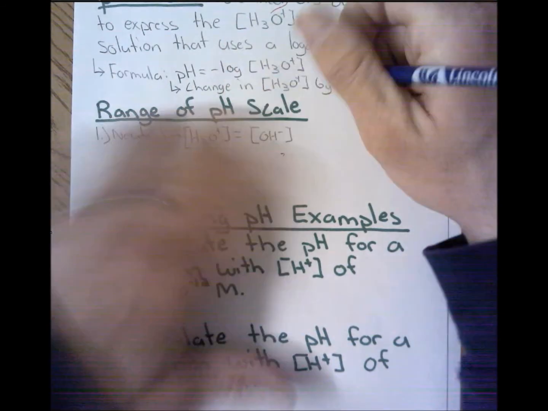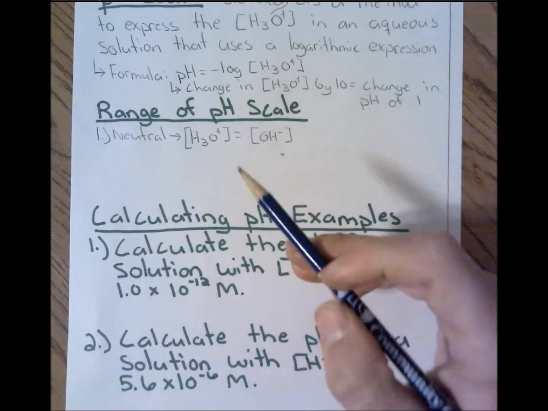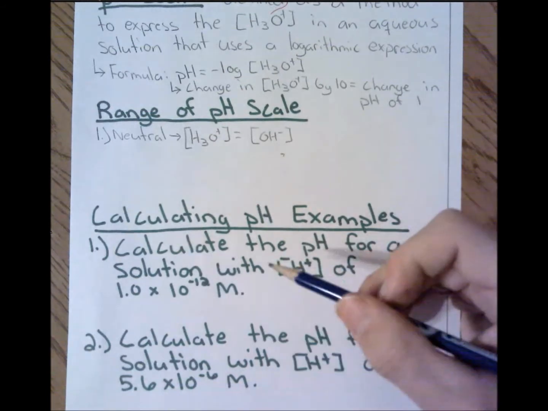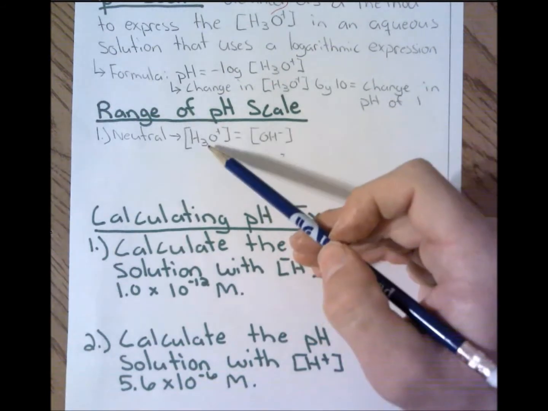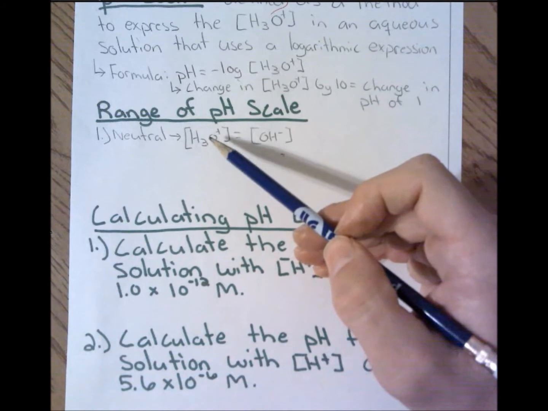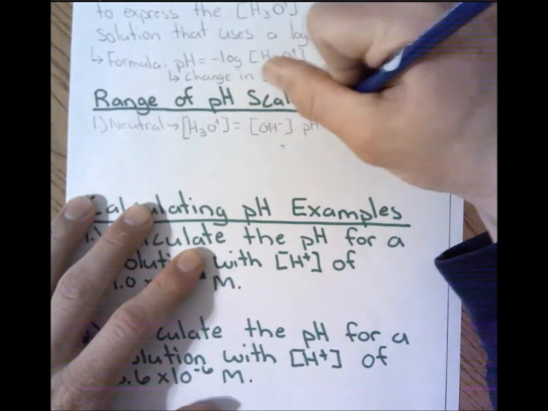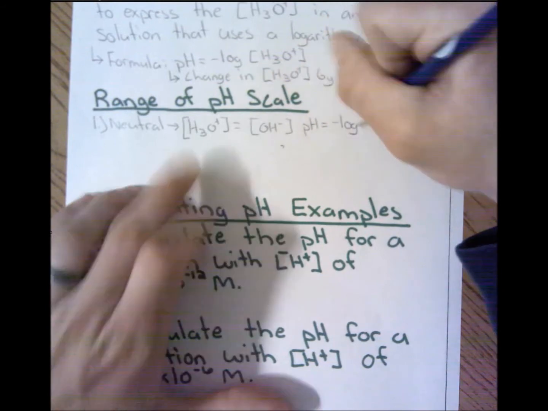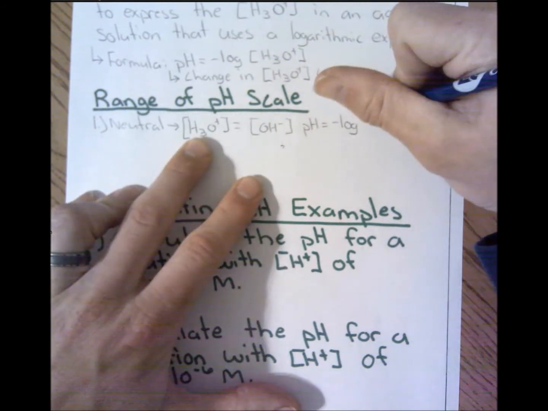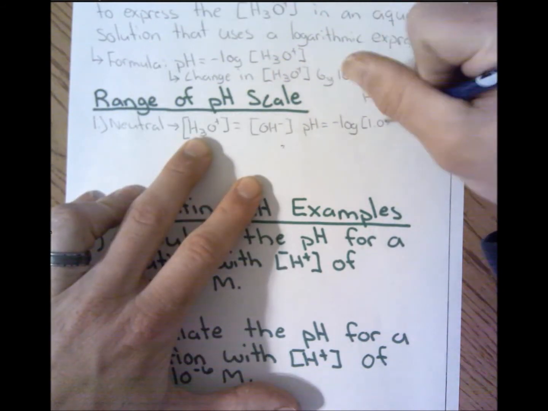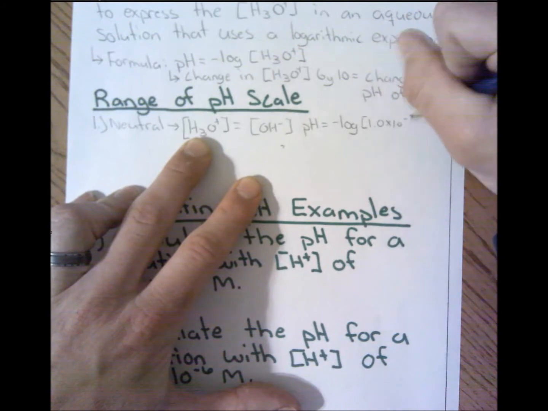If we go back one step further and remember that Kw stuff, the value for H3O plus is 1 times 10 to the negative 7th.